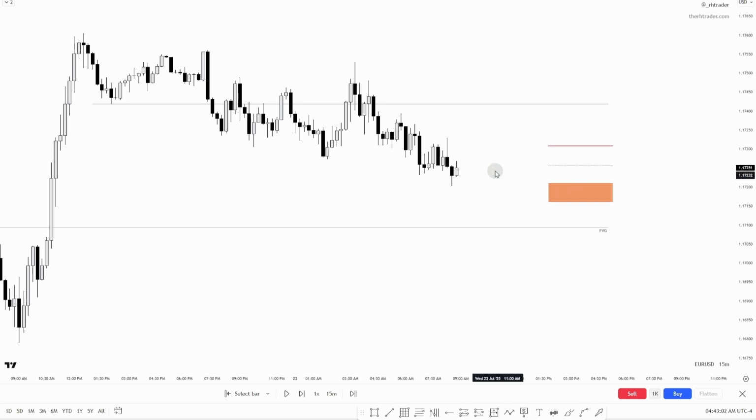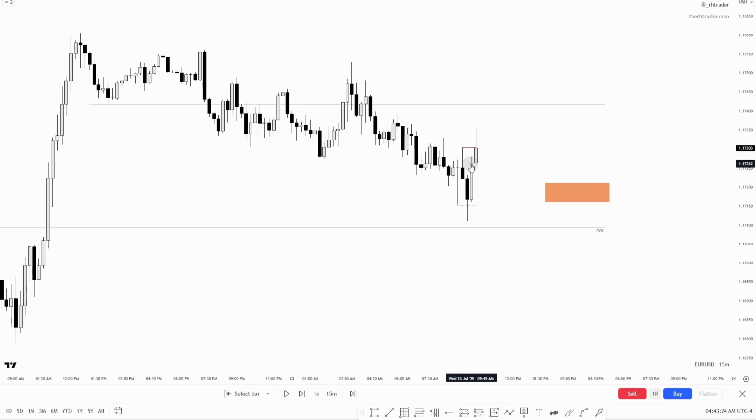In the 15-minute time frame, you want to see a structure break above. Price took liquidity right here and broke structure. This is our liquidity raid, and this is the market structure break. As you can see, we have a beautiful fair value gap formed right here.